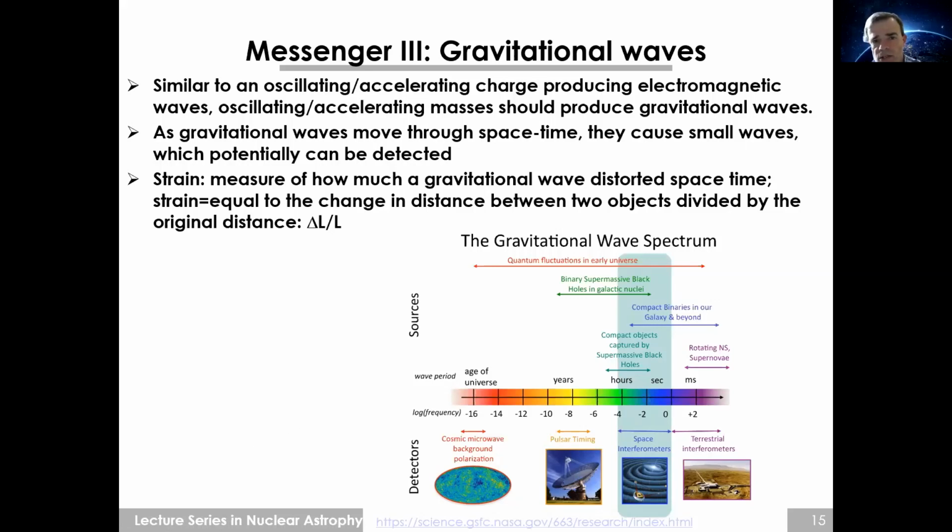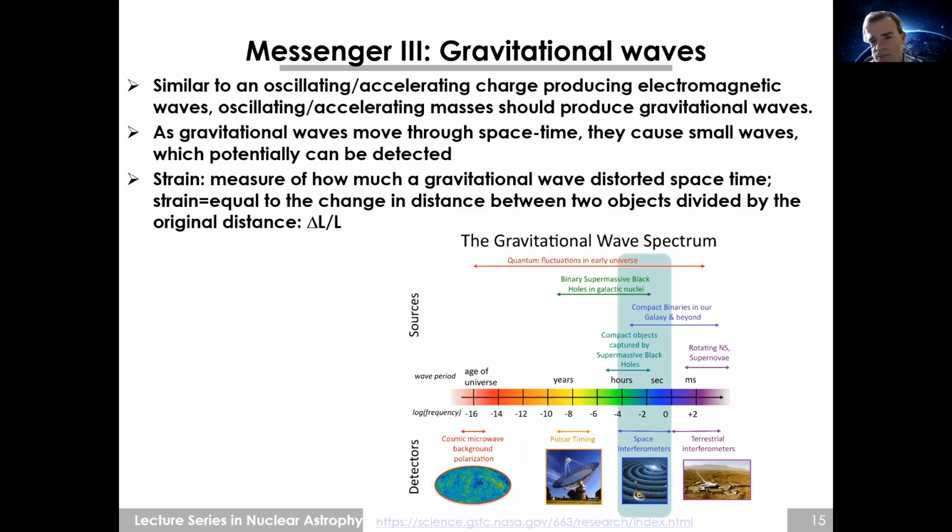And as gravitational waves move through space-time, they cause small waves which potentially can be detected. So what they do is they try to measure this gravitational wave moving through space-time, and they try to measure the strain, which is a measure of how much a gravitational wave distorted space-time, which is equal to the distance between two objects divided by the original distance.